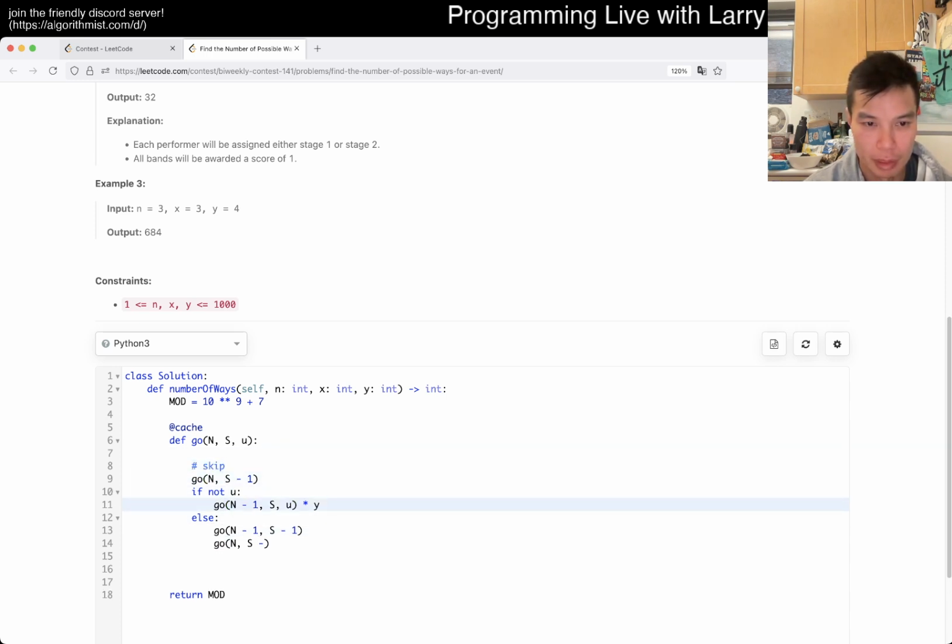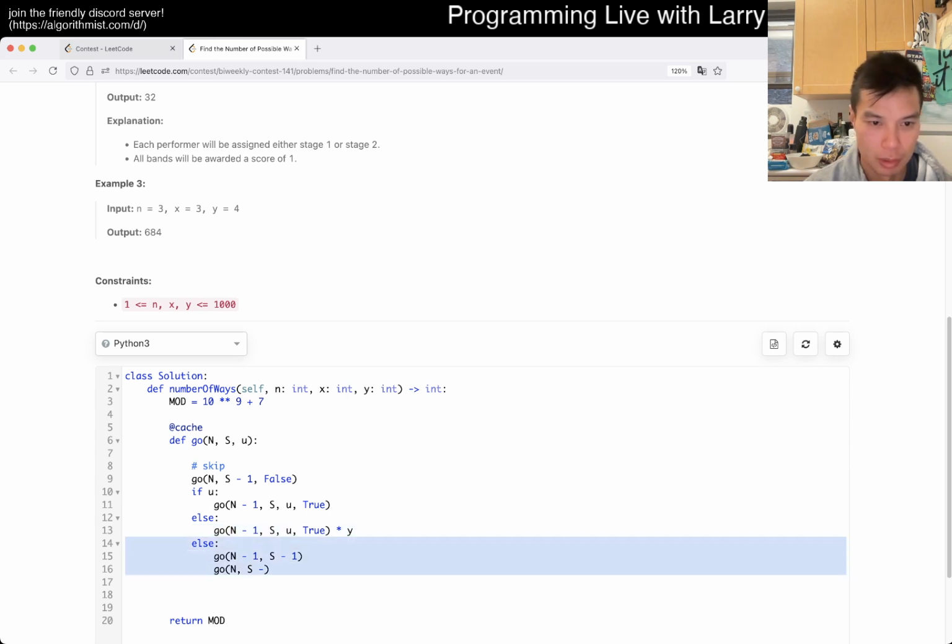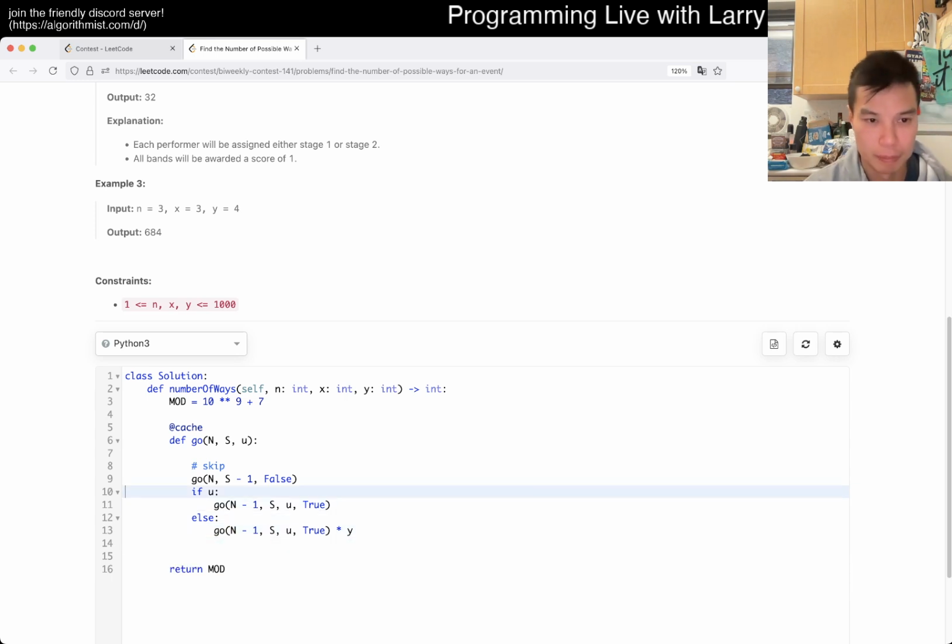So we've already used them, we just go n-1, s. Else, if it's already used, then we just keep used, otherwise this is also true, right? But when we skip, then we go back to false, true, right? And I think that's really it.